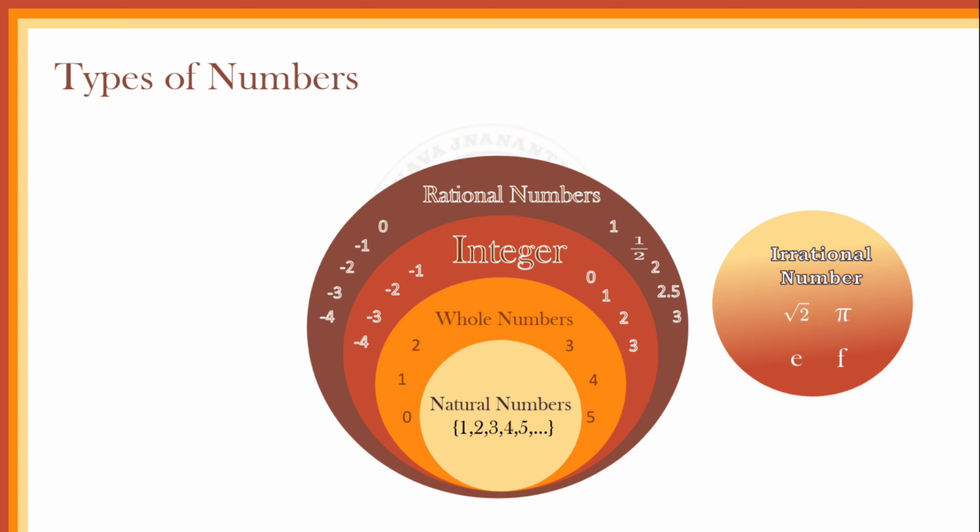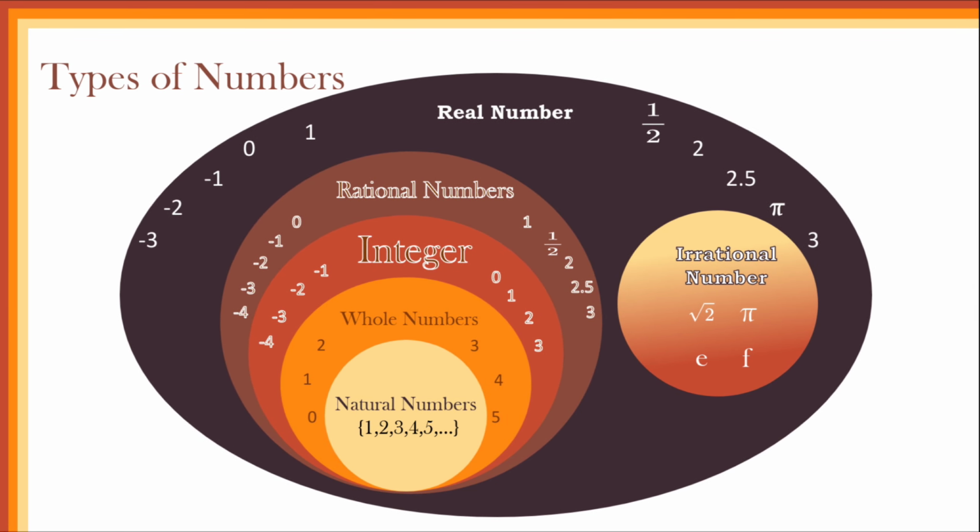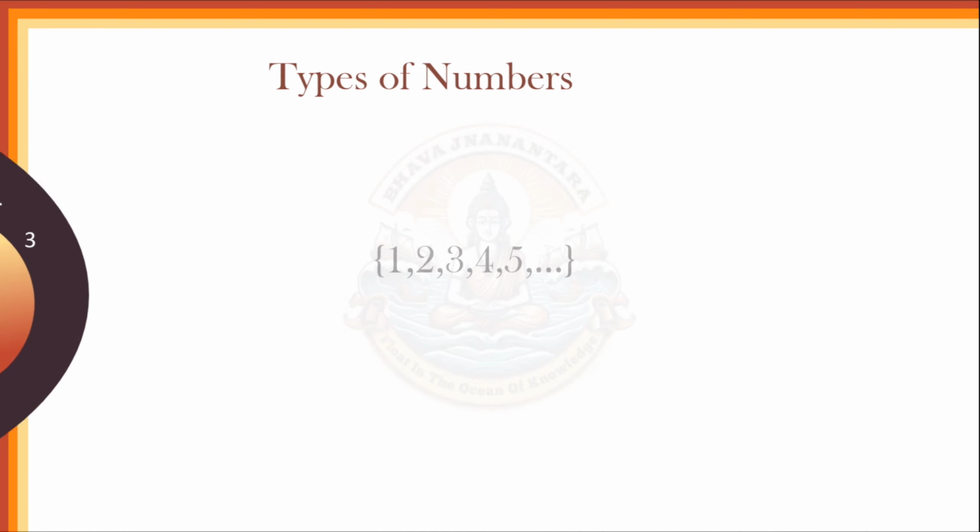Their decimal expansions go on forever without repeating. Now, when we bring all these types of numbers together, we get real numbers. Real numbers encompass everything from integers and fractions to irrational numbers. They form the complete number line that we use in various mathematical operations. Let's know the types of numbers one by one.